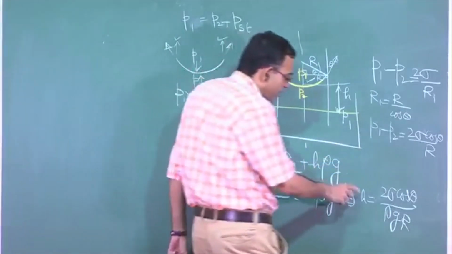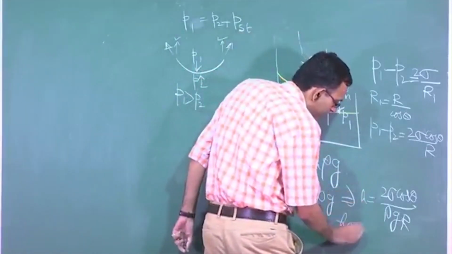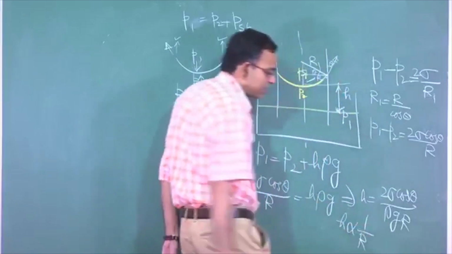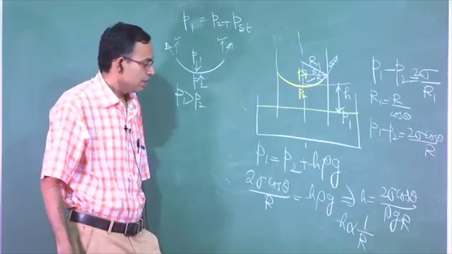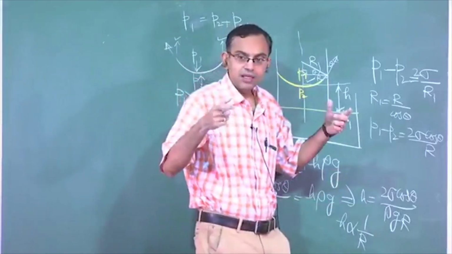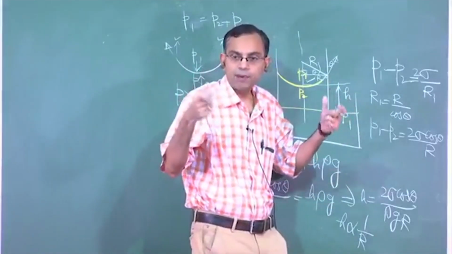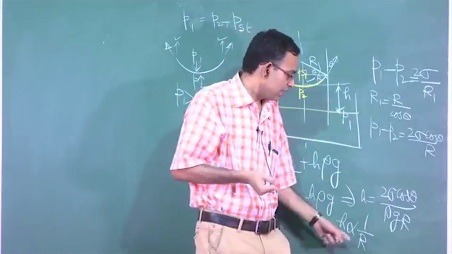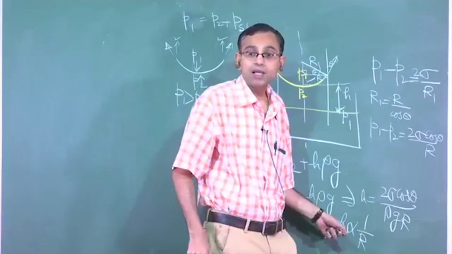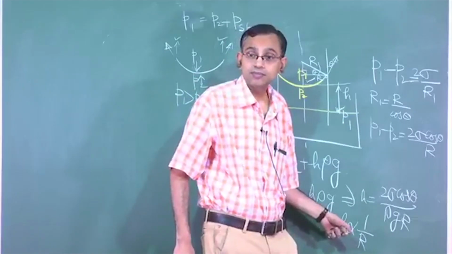The most important aspect of this scaling law is h is proportional to 1 by r. That means if you have a 1 meter diameter pipe and you convert it to a 1 micron capillary, then the capillary rise becomes 10 to the power 6 times.